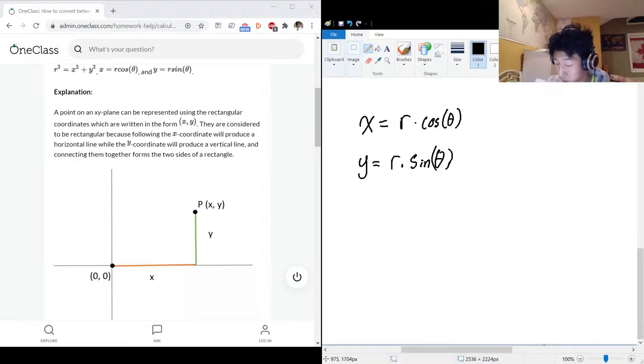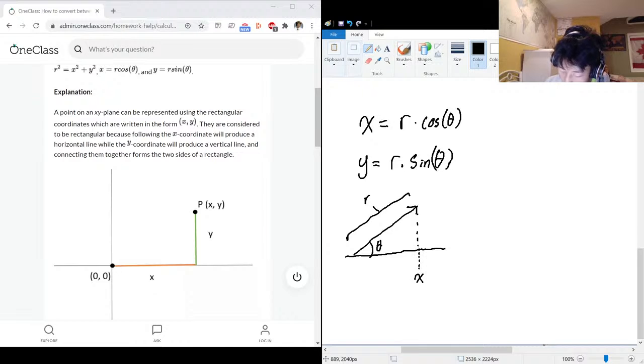Now, why does this work? Well, let's say we have a situation like this. This has a length of r. It's got an angle theta. Like this right here would be its x component.